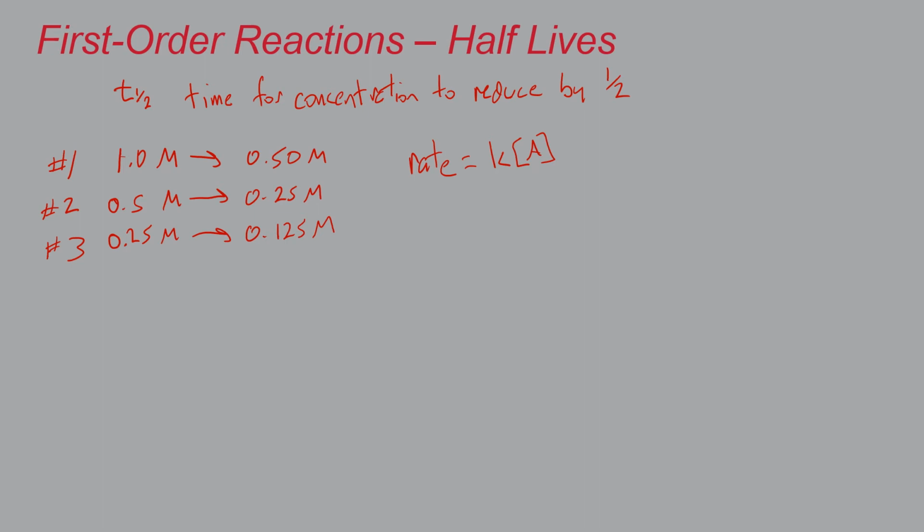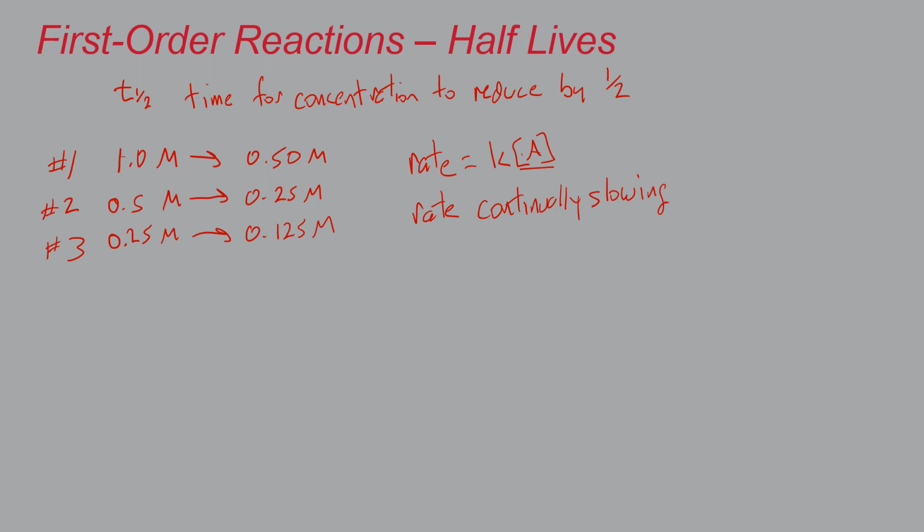Because it depends on the concentration, and it's continually getting slower, because as the concentration drops, the rate is going to drop. So would you expect these half-lives to take more time? Would it take more time to go from 0.5 to 0.25 than it would from 1 to 0.5?